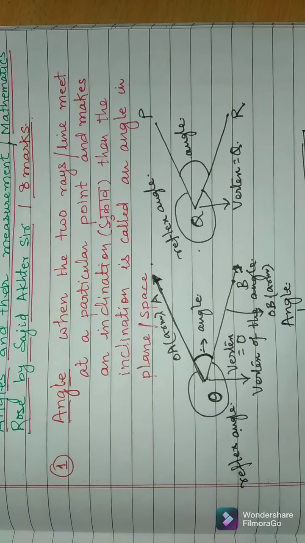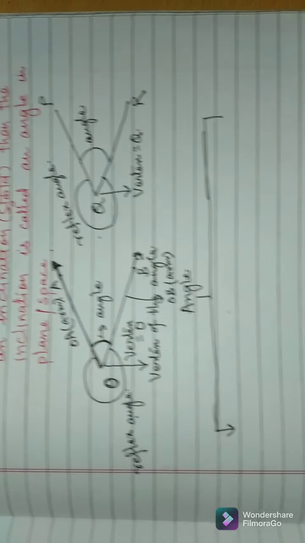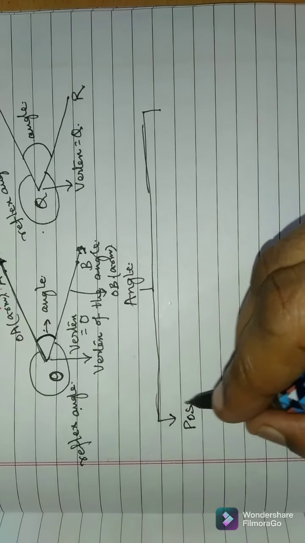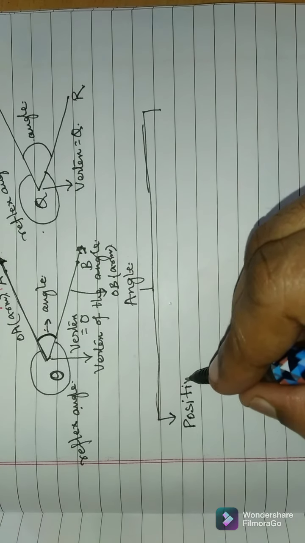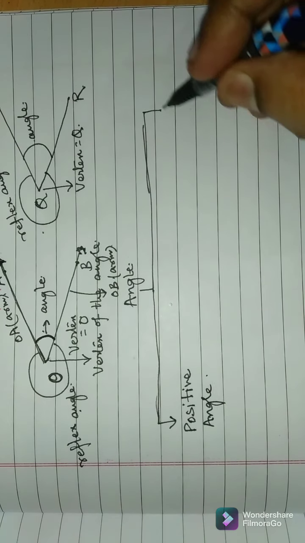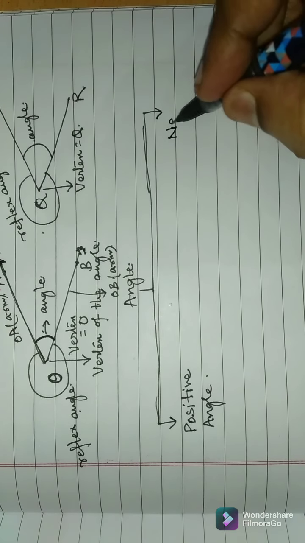There are two types of angle: one is positive angle, and second is negative angle.